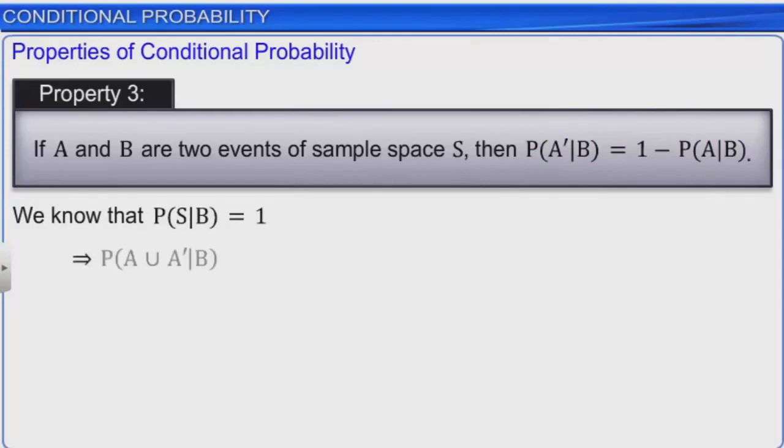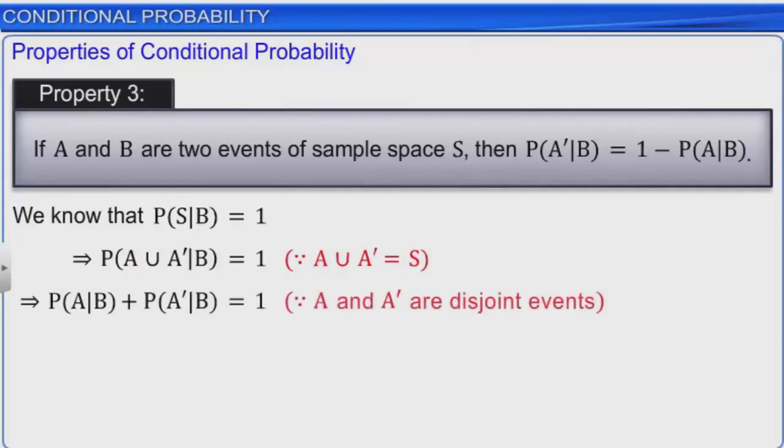This implies the probability of A union A complement given B is equal to 1, since the union of A and its complement is equal to S. Events A and A complement are two disjoint events. Thus, we get the probability of A given B plus the probability of A complement given B is equal to 1. Therefore, the probability of A complement given B is equal to 1 minus the probability of A given B.